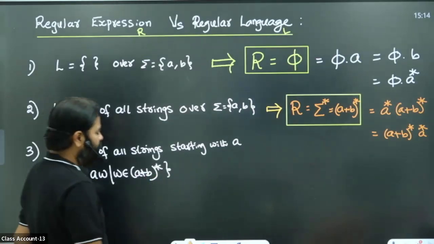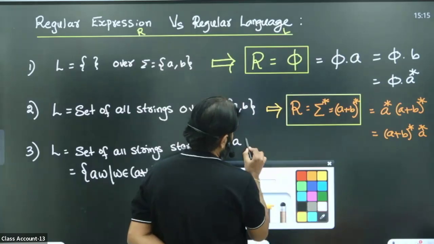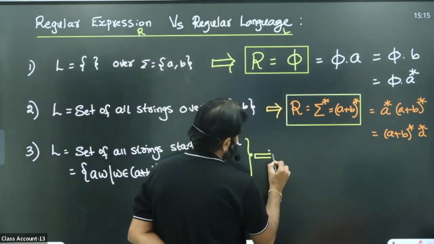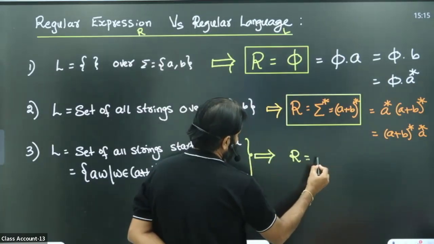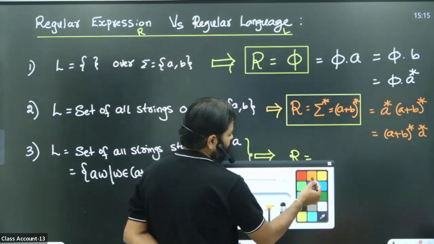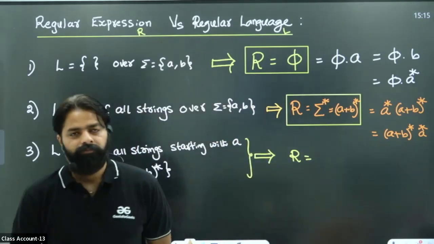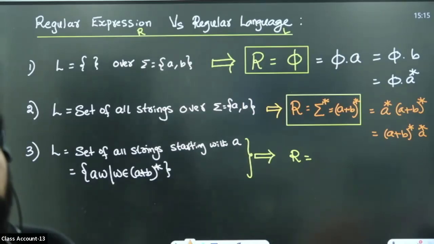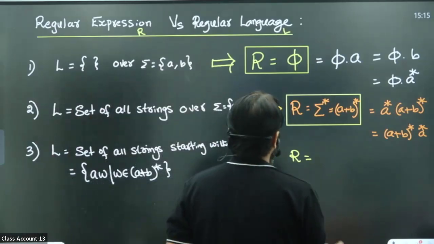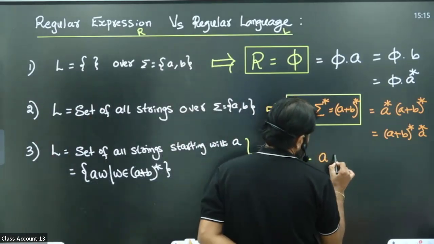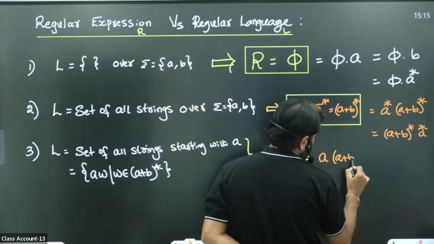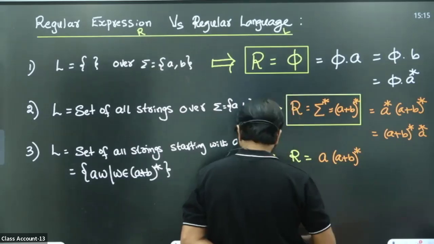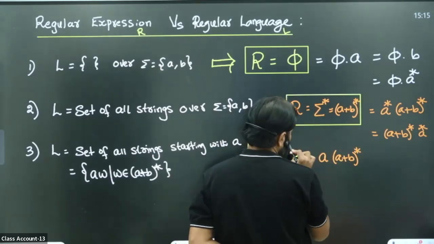Can you give me an expression for this? Yes. A followed by A plus B whole star. So every string which is starting with A will be generated from here.